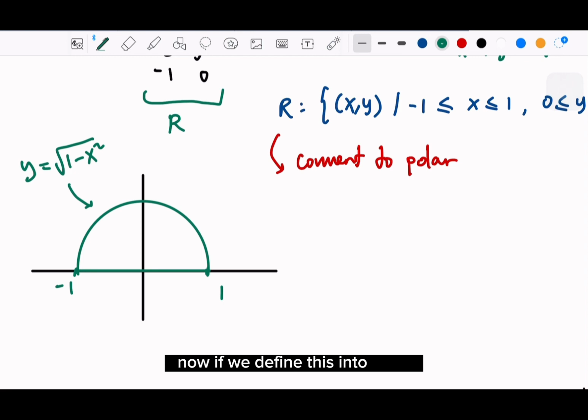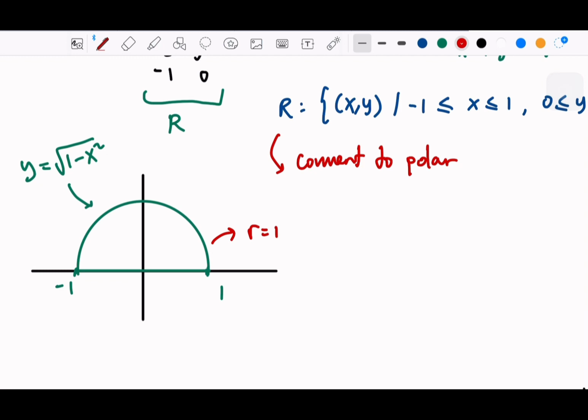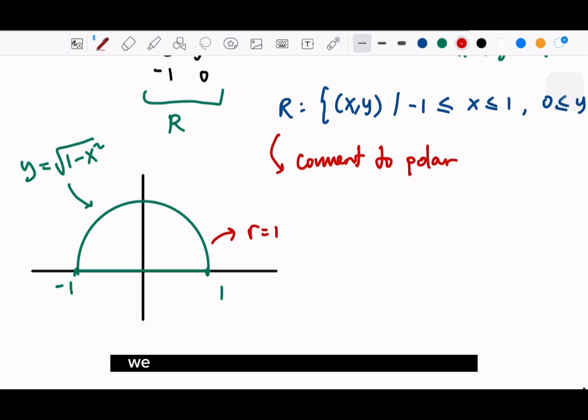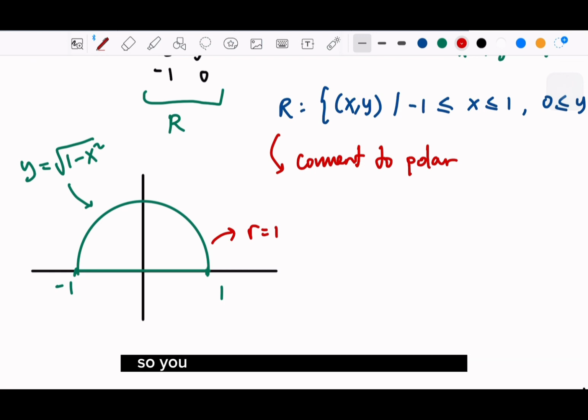Now if we define this into polar, we know that this is a semicircle, or we could say the circle with a radius of 1, right? So we could say that this has a radius equal to 1. And then how about the angle? Remember, in polar we always start from the polar axis, right? So start from 0, and then pi over 2, and then pi. Okay? So we can say that theta is from 0 to pi.